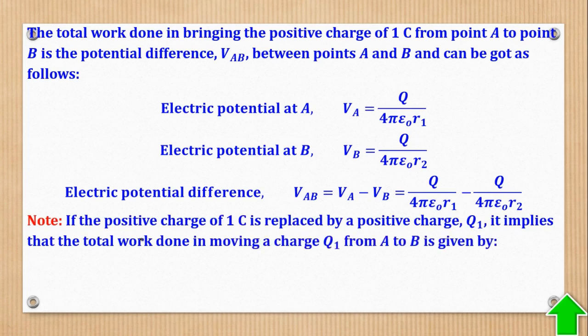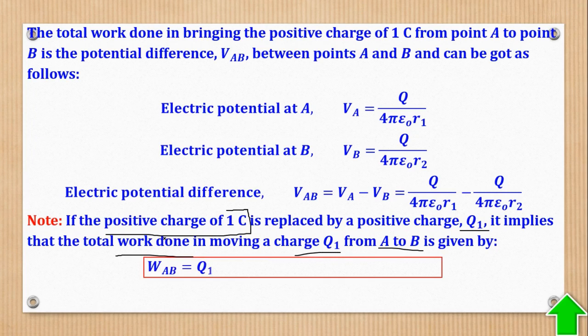Now here, just like it was under electric potential, even here, if the positive charge of positive 1 is replaced by a positive charge of Q1, it implies the total work done in moving a charge Q1 from A to B is given by this. So now the total work done is no longer electric potential difference.